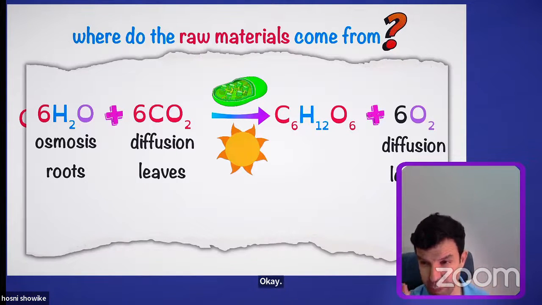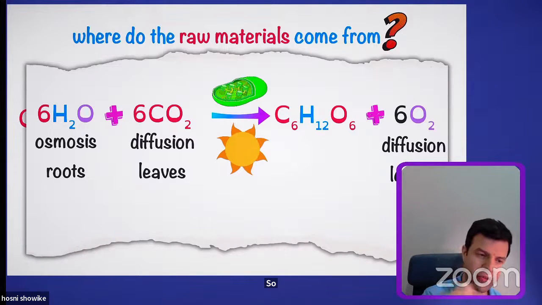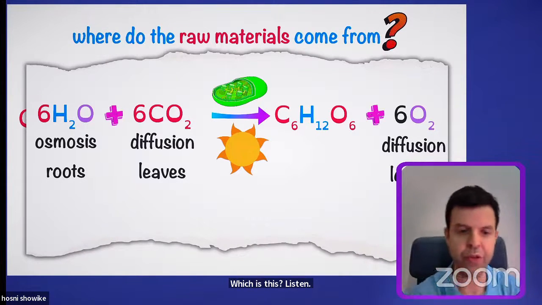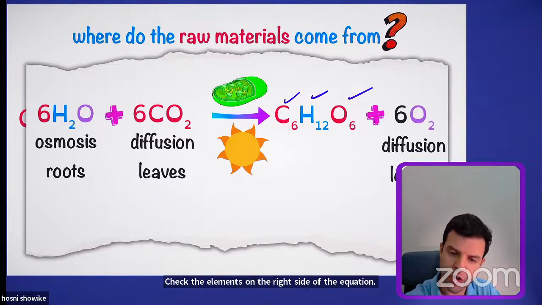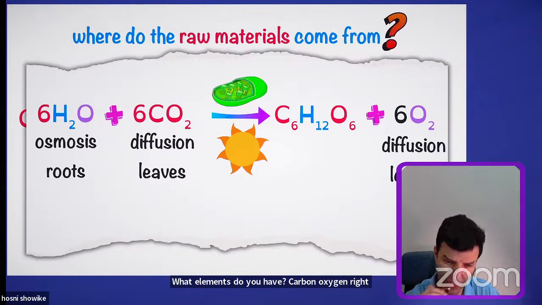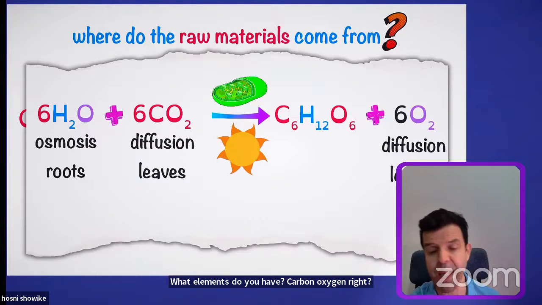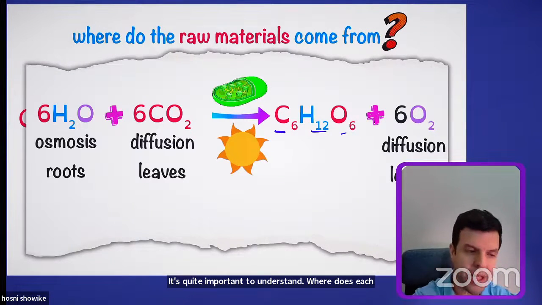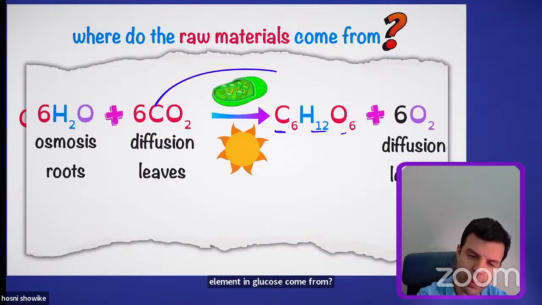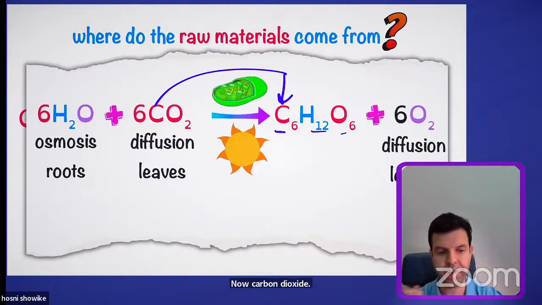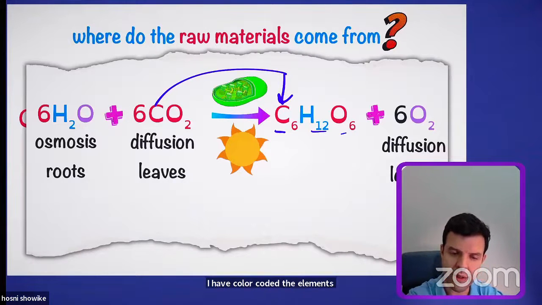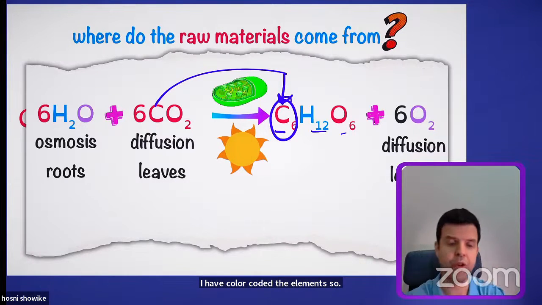Something quite important, which is this, listen: check the elements on the right side of the equation. What elements do you have? You have carbon, hydrogen, oxygen, right? It's quite important to understand where each element in glucose comes from. Now, carbon dioxide provides me with the carbon. I have color-coded the elements. So the carbon in the glucose comes from carbon dioxide.